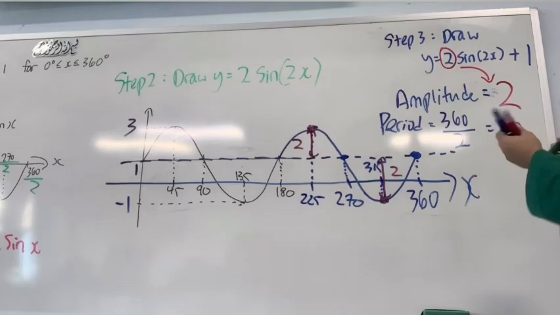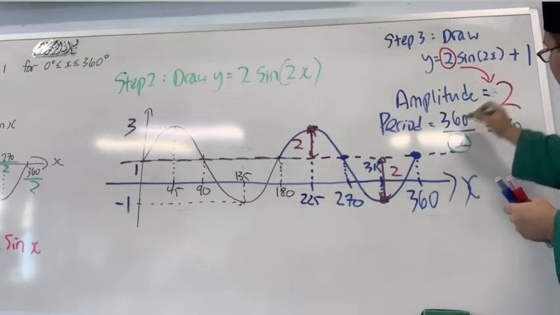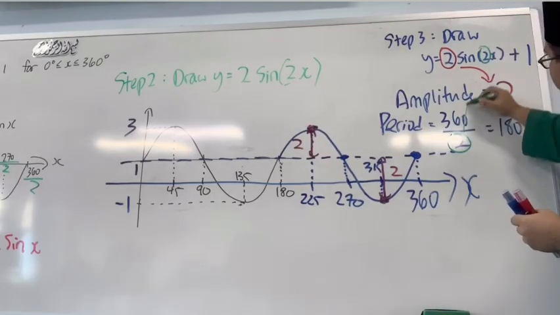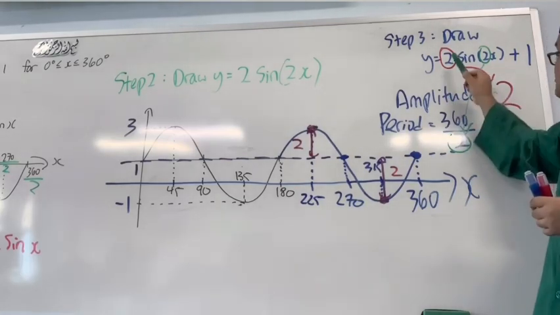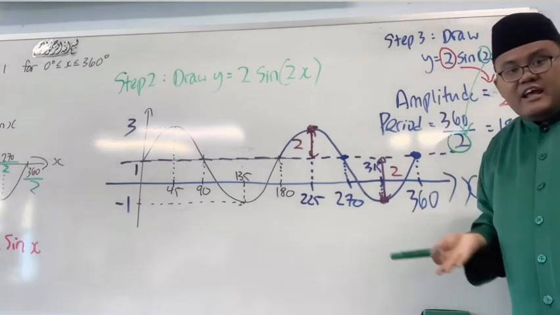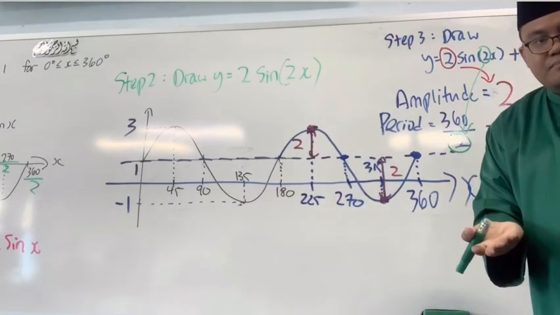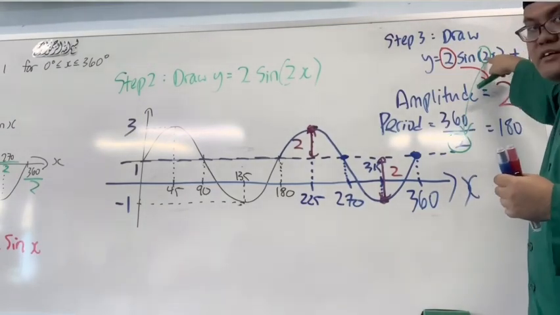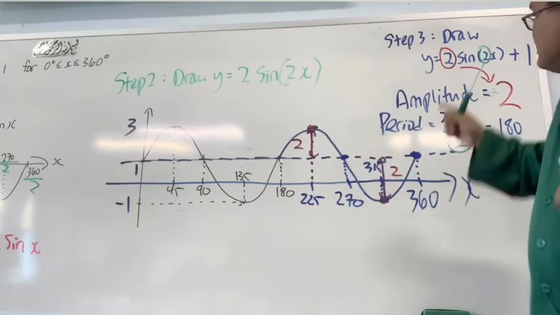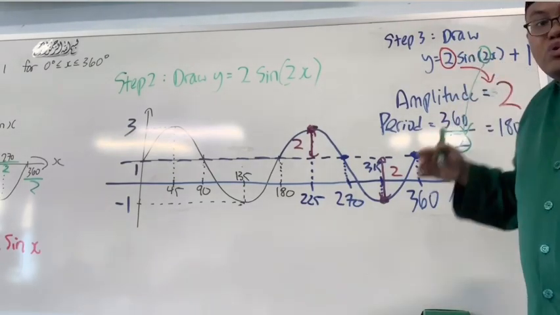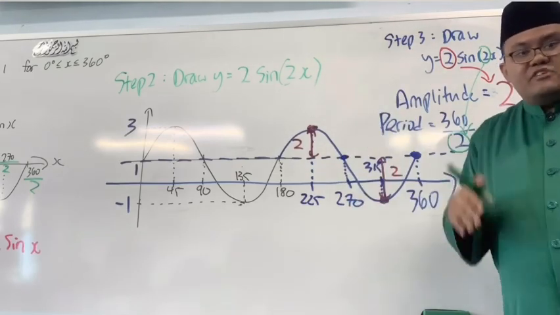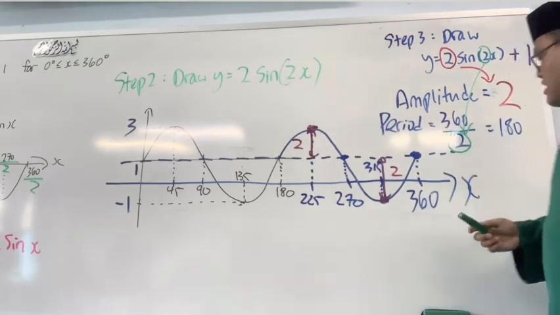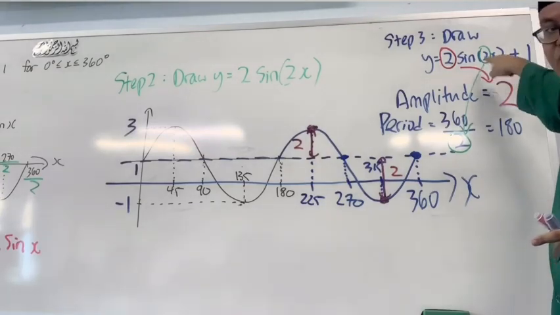And if you notice, this 2 came from here. So this number 2 in front of the sine tells you the amplitude. This number inside the sine will determine for you the period. Period is always 360 over something, over the number inside the function.